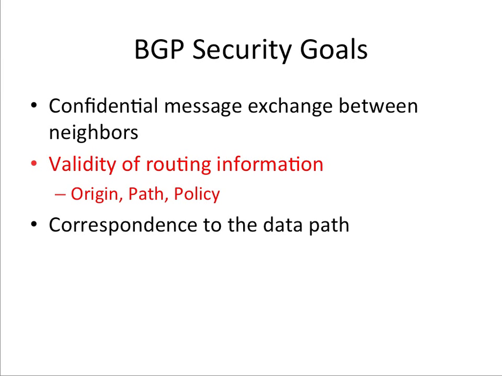It's announcing that these are the IP addresses to which you can go through me. That's what the routers are saying, right? The routers are saying, I know how to route packets to this set of IP addresses. So this is the message that the routers are exchanging with each other.